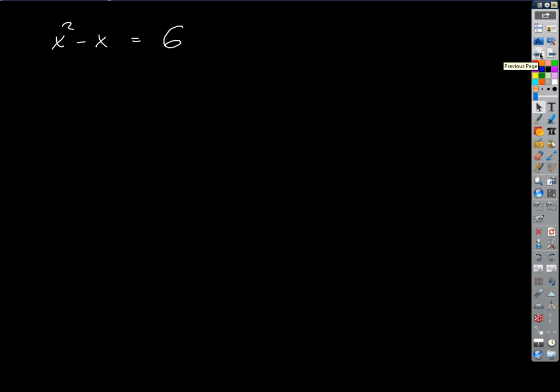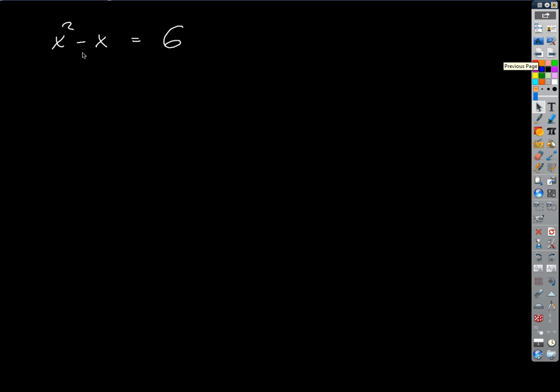Right now this is really tough, to find out what values of x are going to make x squared minus x equals 6. Yikes, that's hard to do, right? But what if I subtract 6 from both sides so I get a 0 on the right side?